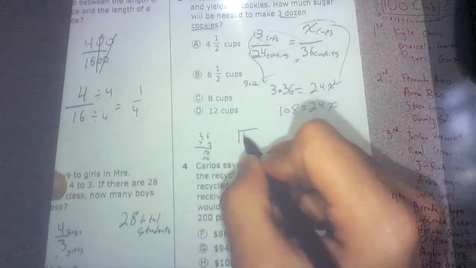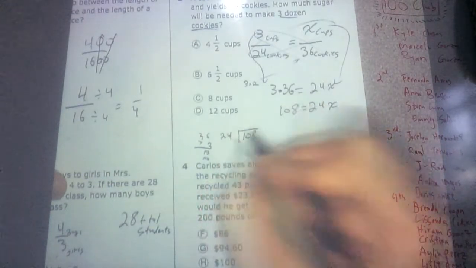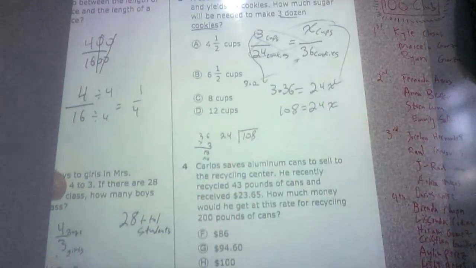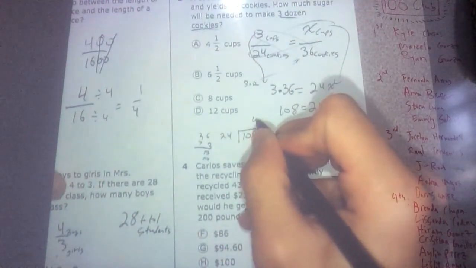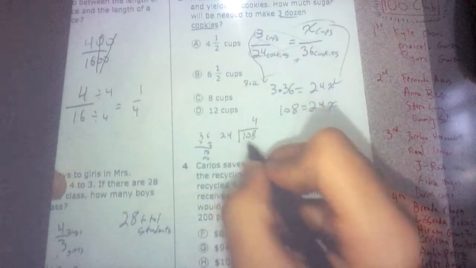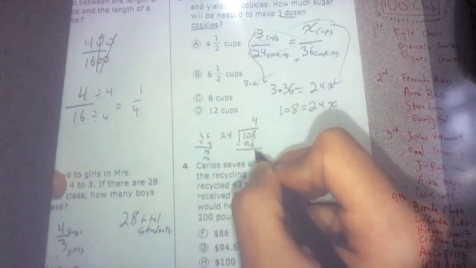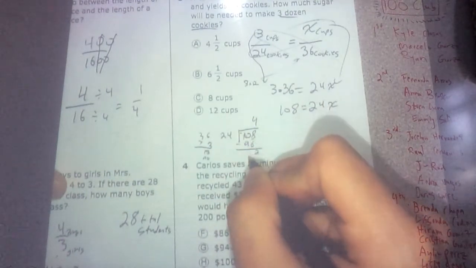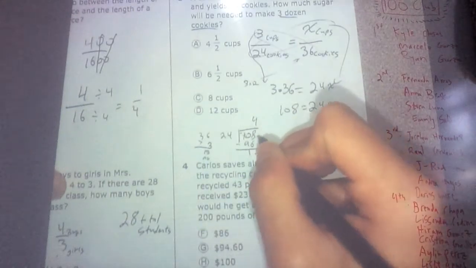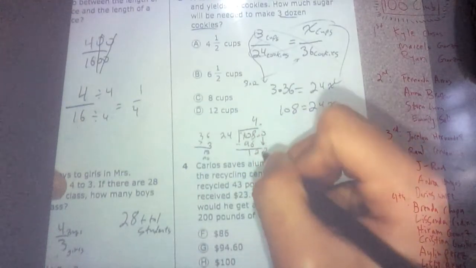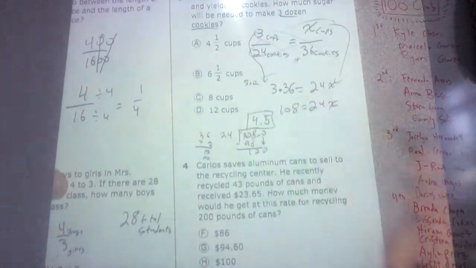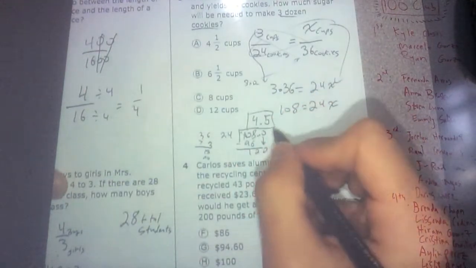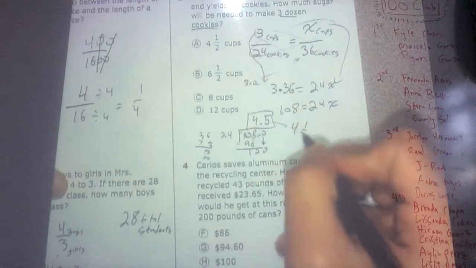Now we'll do the division. 24 goes into 108 4 times. It's going to be 96, minus, 12, bring down the 0, and 24 goes into 120 5 times. So my answer is 4.5, which is also 4 1/2 cups.